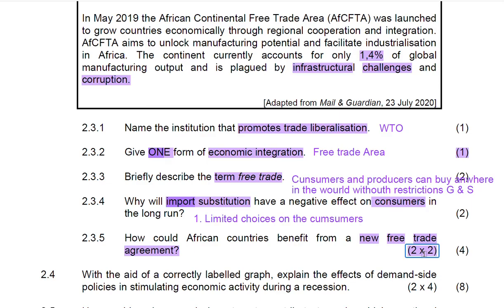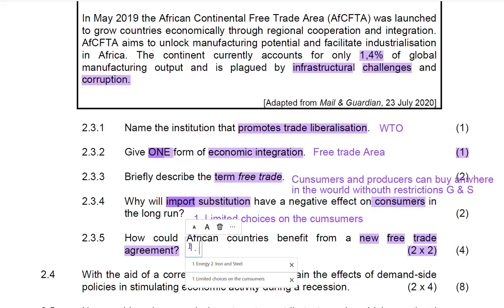So this is how the free trade agreement of African countries is going to benefit them. However, I'm only going to provide you two. The reason I'm going to write only two on screen is that, as I've already stated, candidates, you need to answer what you are required. So you are required to provide two statements.